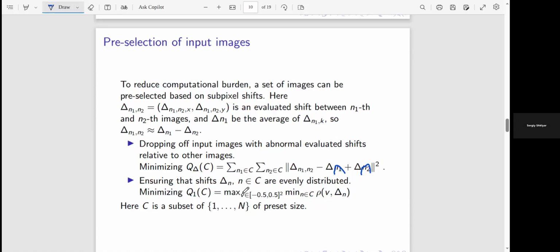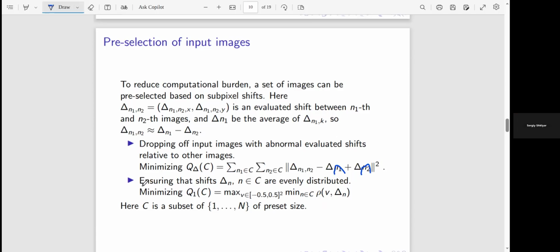So the second method allows us, perhaps I have to explain this second item.